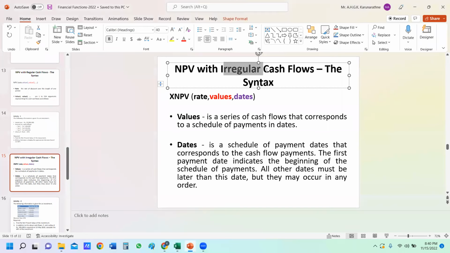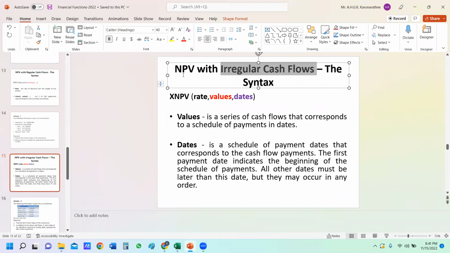NPV with irregular cash flows. In this approach we take the cash flows as they are generated on the exact date. There you cannot apply the usual NPV formula.